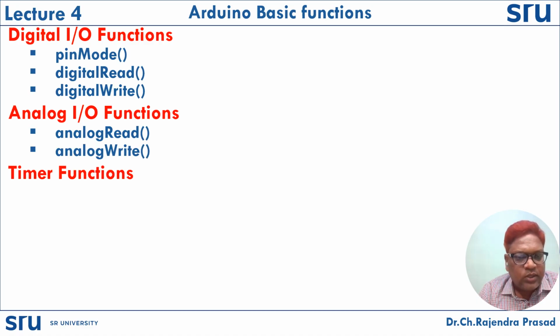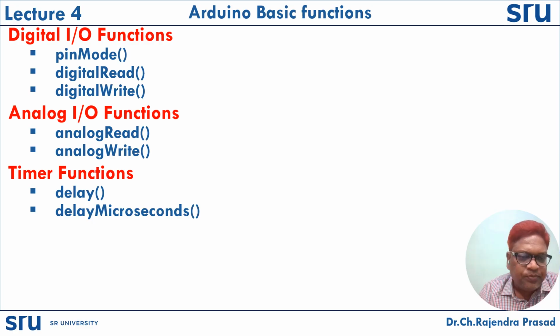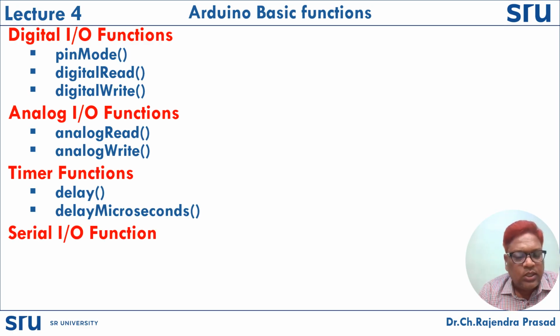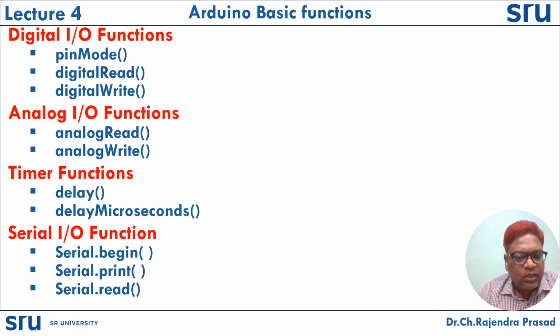In timer I/O functions, there are two functions: delay and delayMicroseconds. And the last one is serial I/O functions. Under serial I/O function: Serial.begin, Serial.print, and Serial.read. These are the basic functions supported by Arduino software.